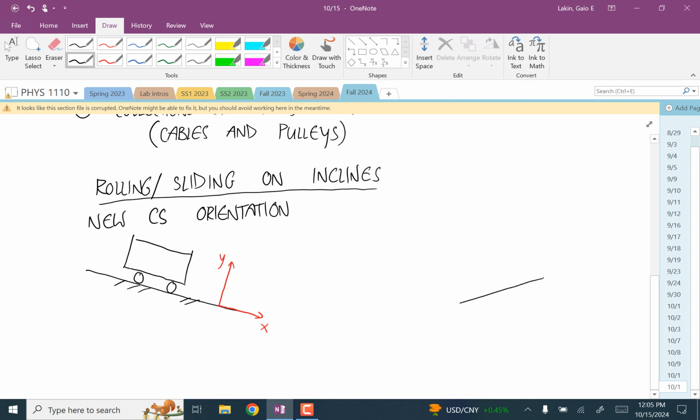And if you have a ramp that's oriented the other way, again, we're going to choose the y-axis pointing out of the surface. In this case, since this is a rotated version of the usual coordinate system, the x-axis has to be up the ramp.